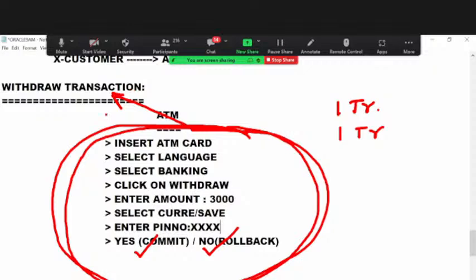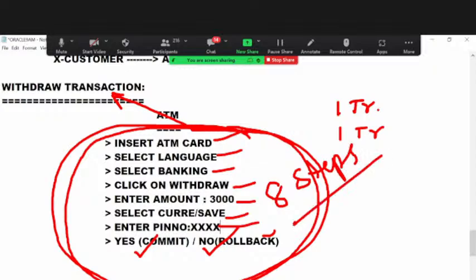How many steps did I perform? 1, 2, 3, 4, 5, 6, 7, 8 steps. How many steps in the procedure? 8 steps. All these 8 steps are combined together and treated as 1 transaction, so that 1 transaction ID number is generated.